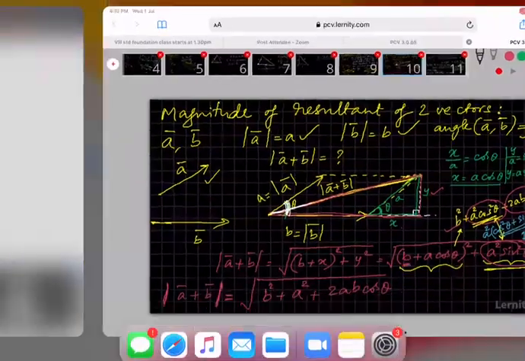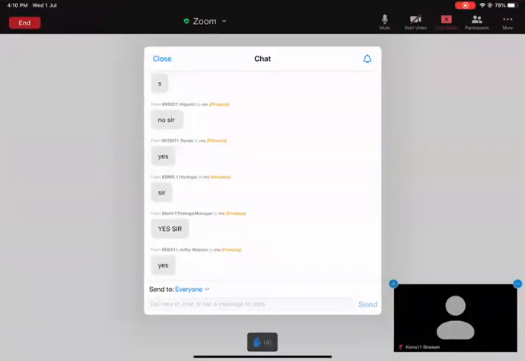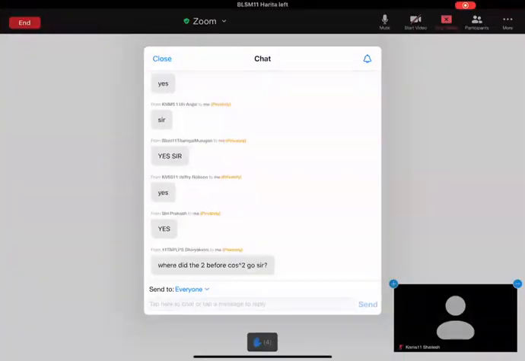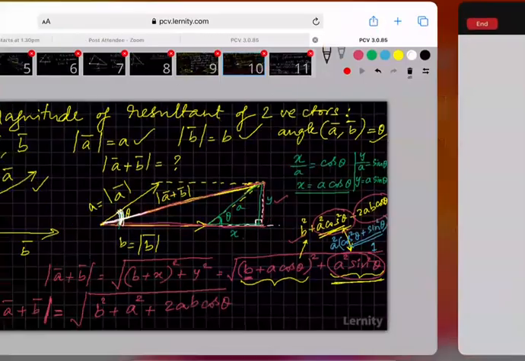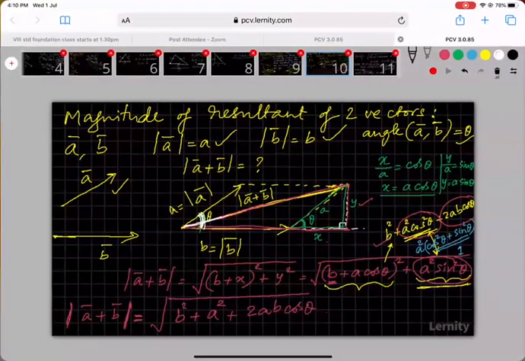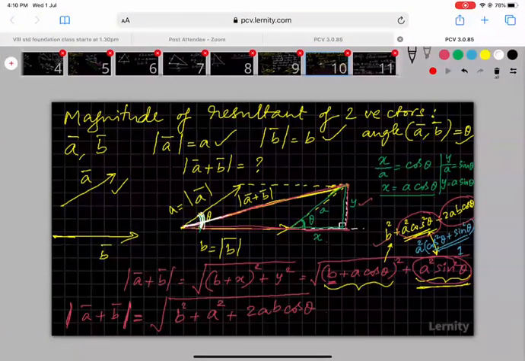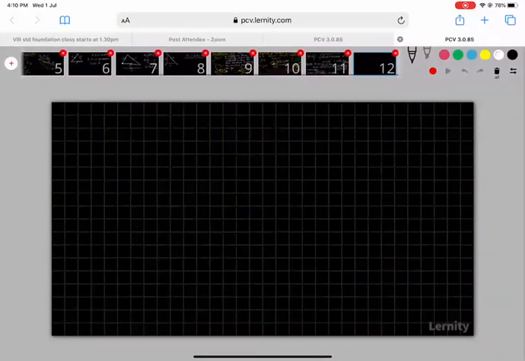In a parallelogram, is a diagonal, any diagonal, an angular bisector or not? No. In a parallelogram, the diagonal need not be an angular bisector.